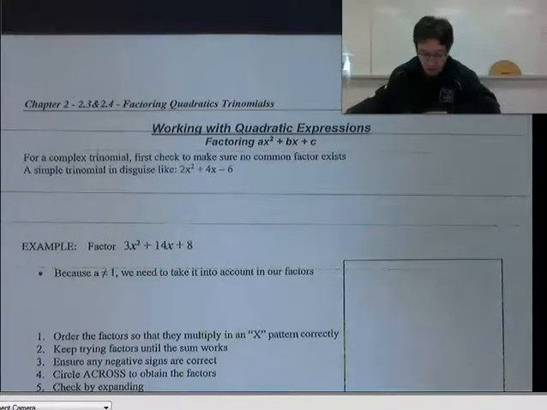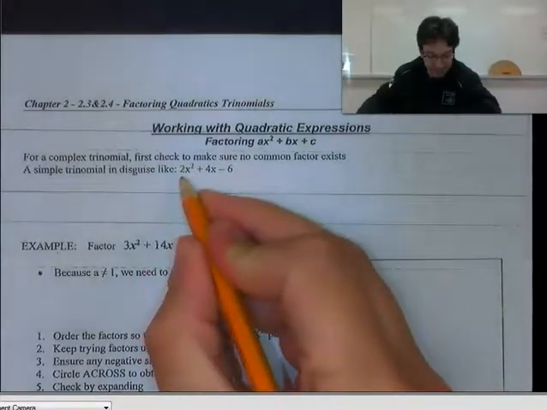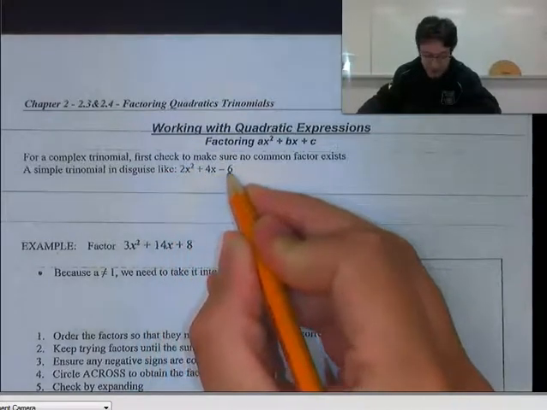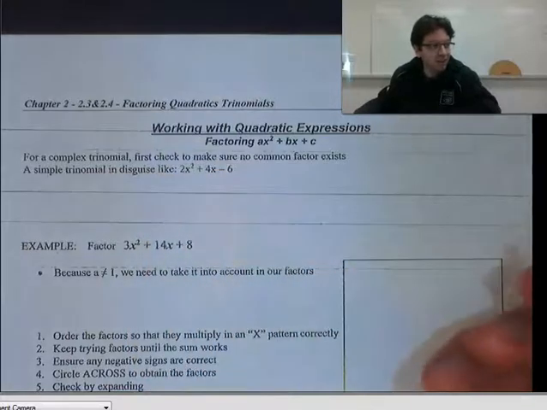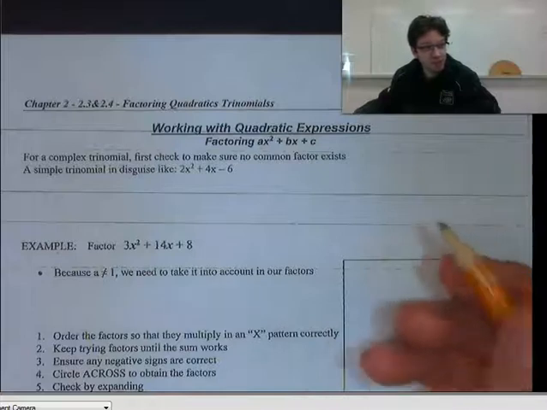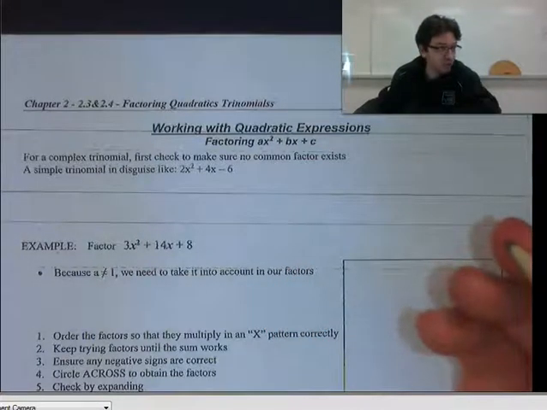Okay, so what I'll do first is I'll review decomposition so that you remember what that is, because it's been a few weeks. And then I will show you a different way of doing it. So let's look at this example. Here you have 2x squared plus 4x minus 6. And technically in this example, again, it's not actually a tricky trinomial. It's a simple trinomial. You should always first look for a common factor.